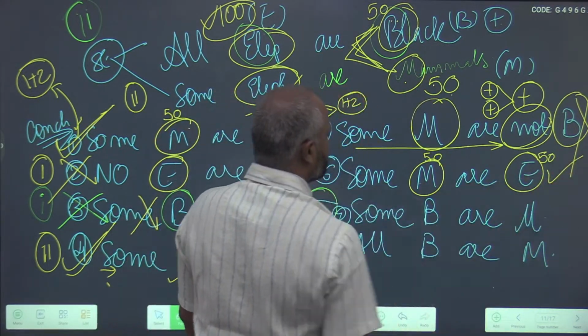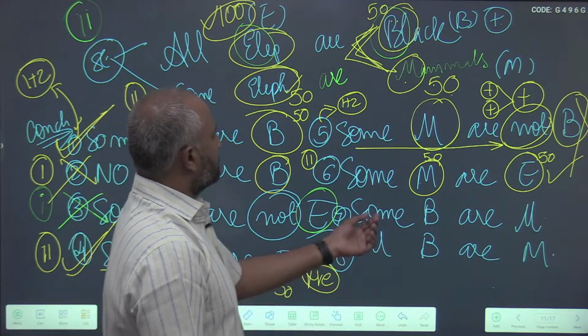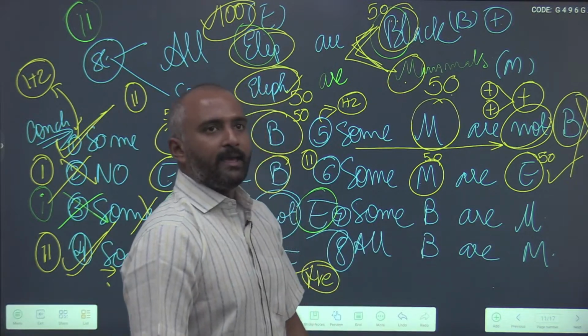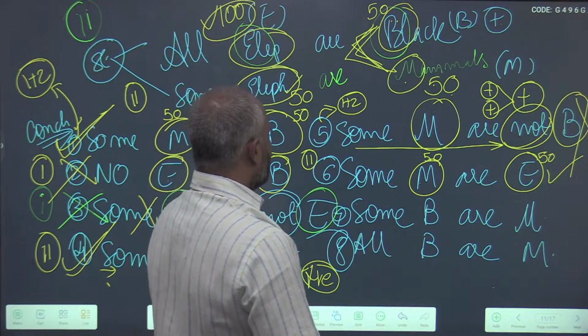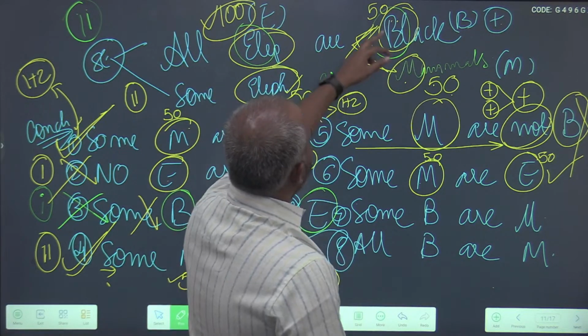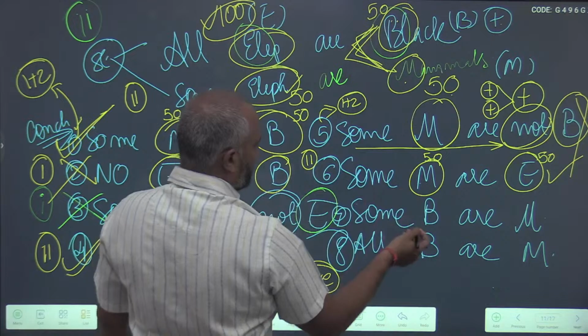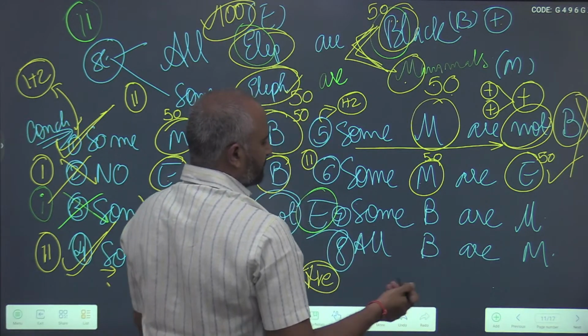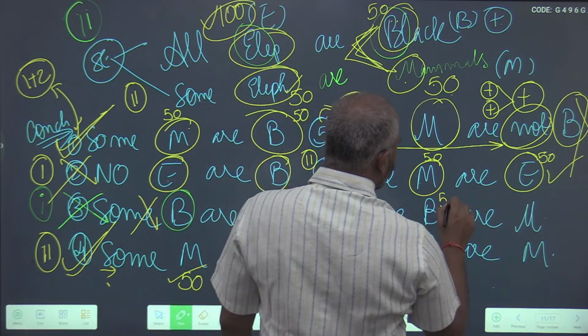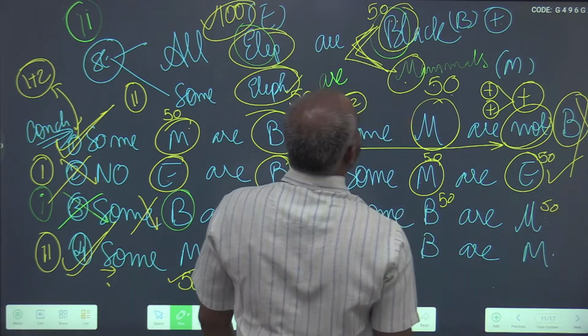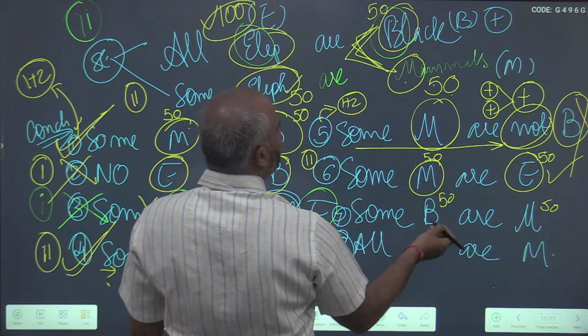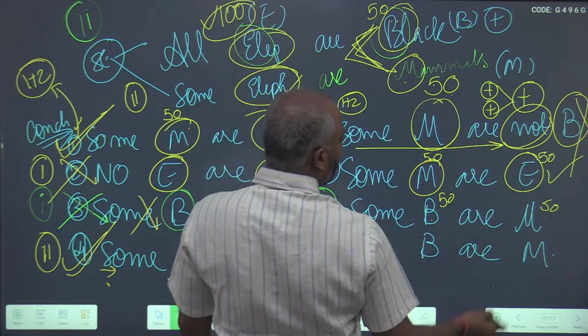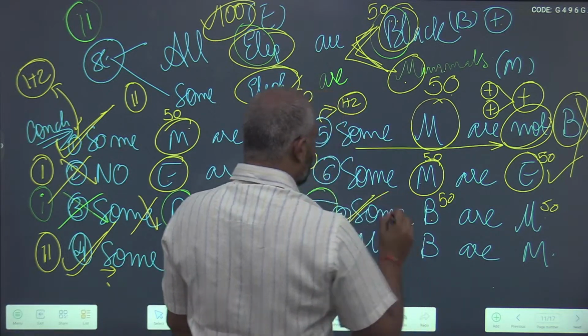So this is also true. Next, B and M are related in the same way. You need not go through this again and again. The value is 50 here, 50 here. So 50 can become 50. So 7 is also true.